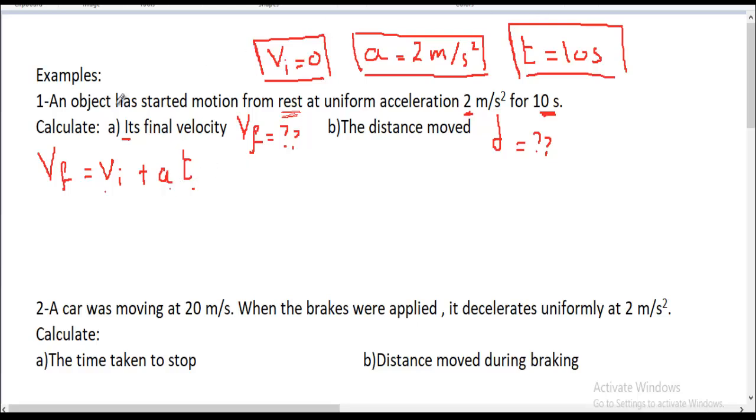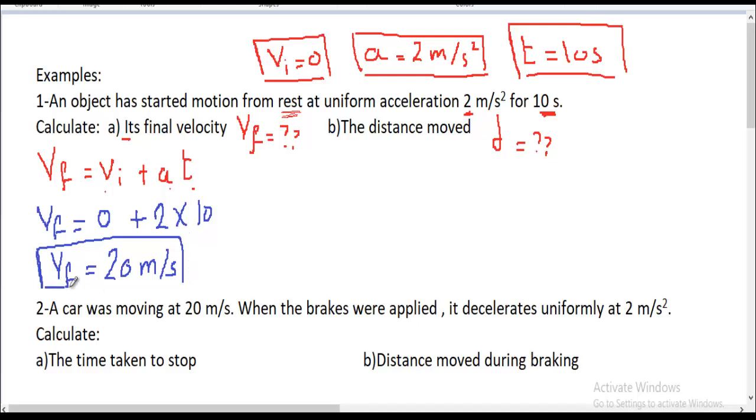So final velocity equals Vi, which is 0, plus acceleration, which is 2, times time, which is 10. So Vf equals 0 plus 2 times 10, which equals 20. Vf equals 20 meters per second. So this is the first unknown.